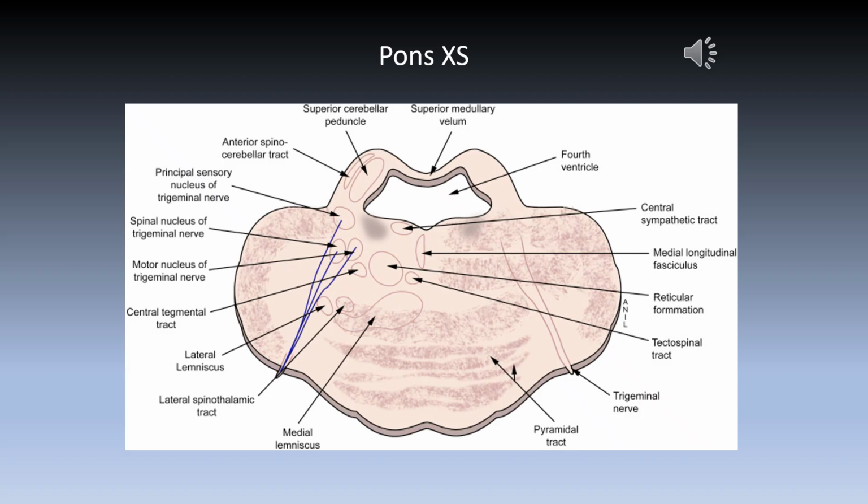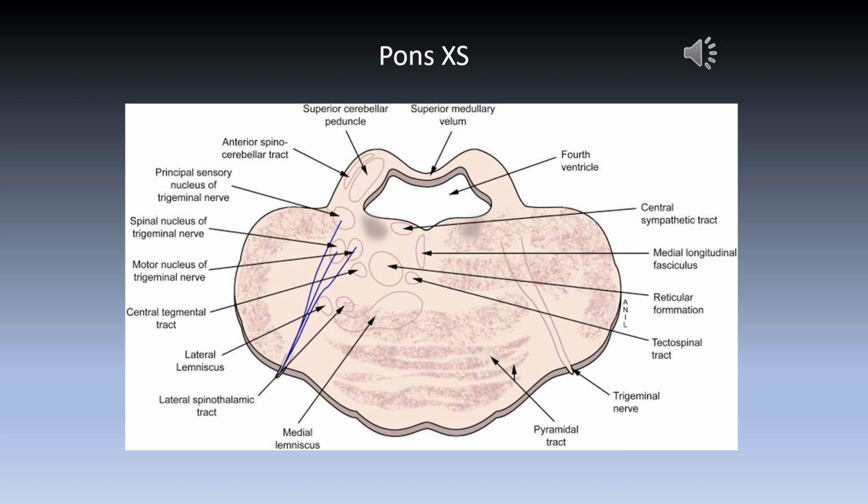The spinothalamic tract is one of our principal pain signal pathways. Well, if it's coming up from the spinal cord going to the cerebral cortex, then obviously it has to pass through the pons. Well, there it is. So we have the lateral spinothalamic tract, one of our pain pathways.